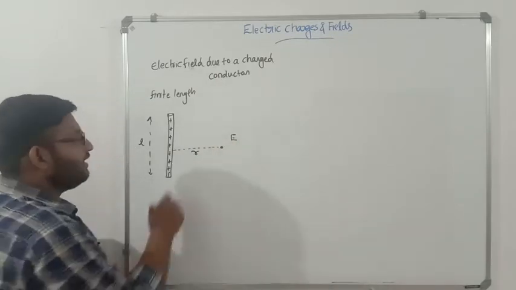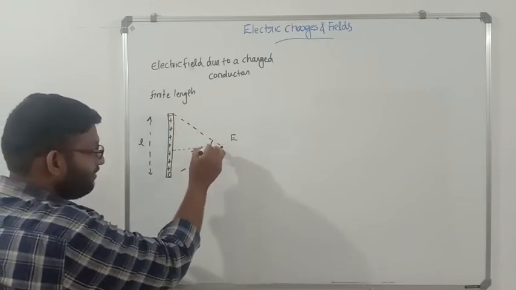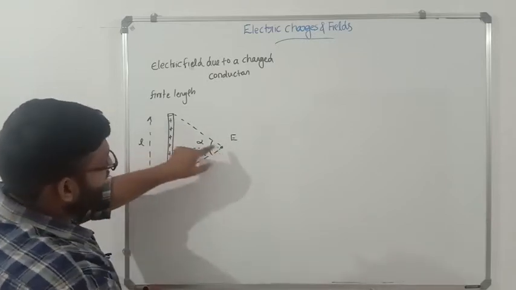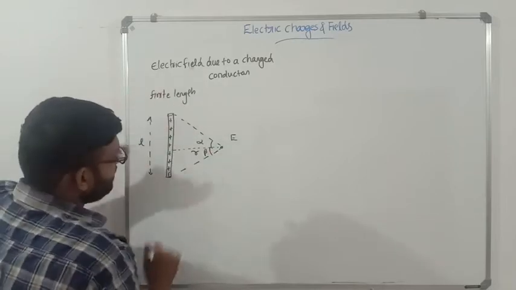How can you do that? First of all, you have to draw this line, and I simply made this angle alpha, this angle beta. The two ends are forming angles alpha and beta with respect to this point. So we need to find the total field produced here.